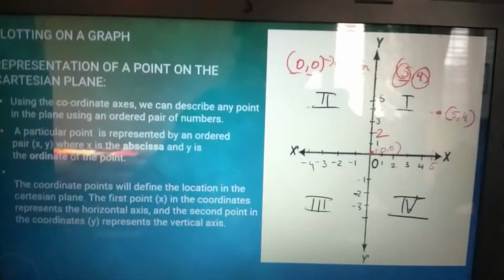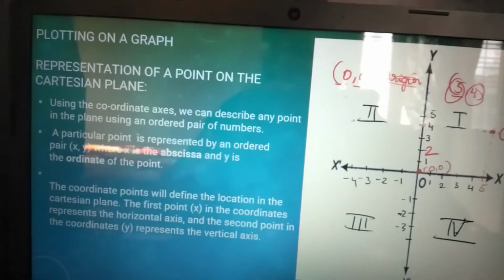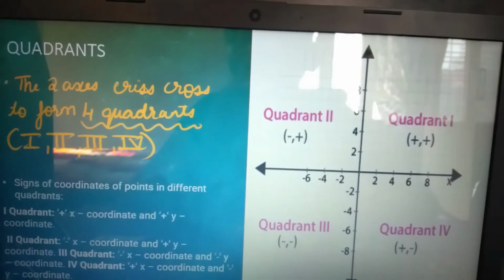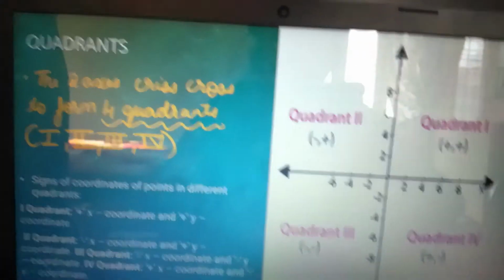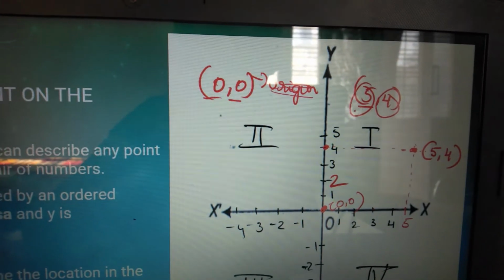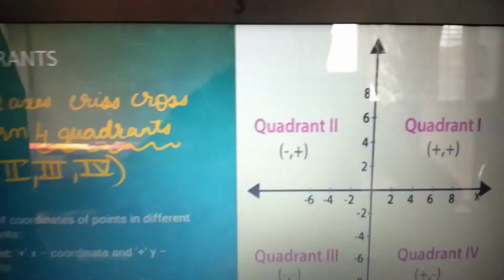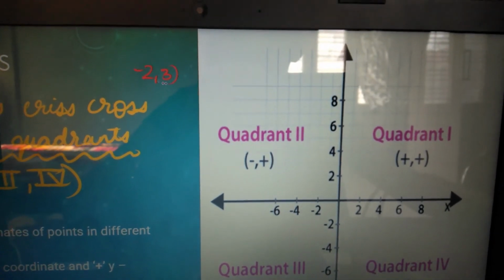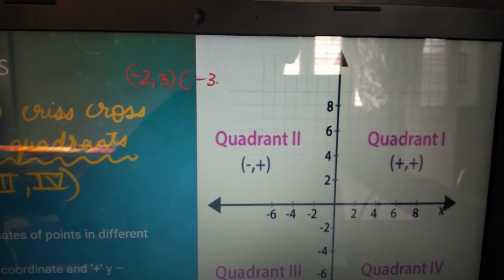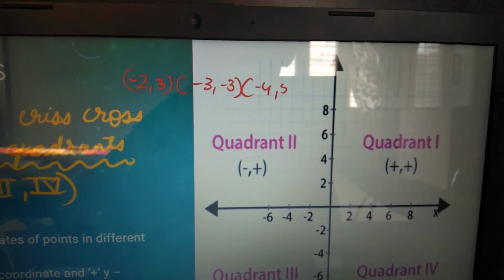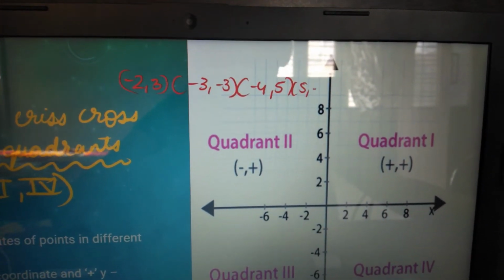Now let us see the signs of the quadrants. See, not in all quadrants will you see positive coordinates. Somewhere you might see -2 comma 3, then -3 comma 3, then -4 comma 5, 5 comma -4.